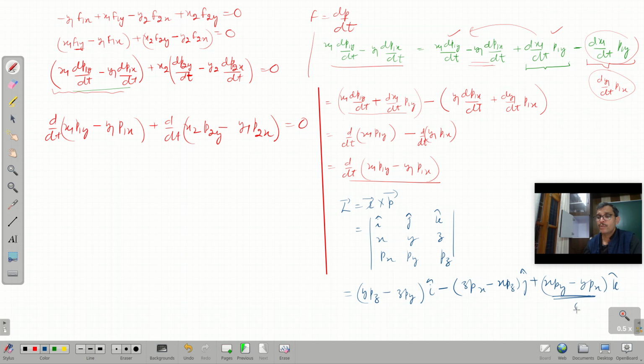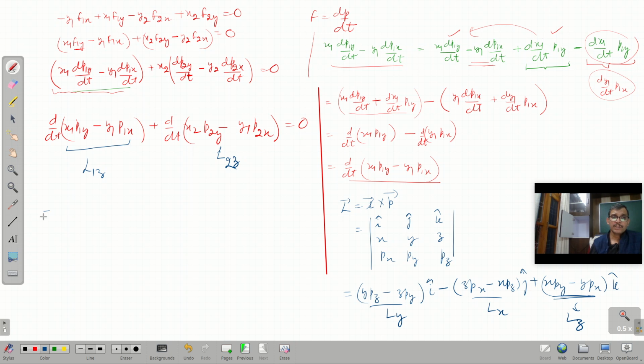So if I look at that, this is the Lz component, this is the Lx component, and this is the Ly component. So this is the z component of angular momentum for the first particle, and this is the z component for the second particle. So it is L1z and L2z.